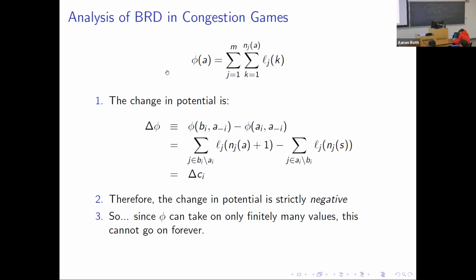This can't go on forever because it's a finite game. In particular, we can never visit the same state twice, because that would imply that at some step the potential had to go up, which we showed can't happen. Okay, and so best response dynamics halts in congestion games, and in particular halts at a pure strategy Nash equilibrium. This proves the existence of pure strategy Nash equilibria in congestion games. Is that clear?